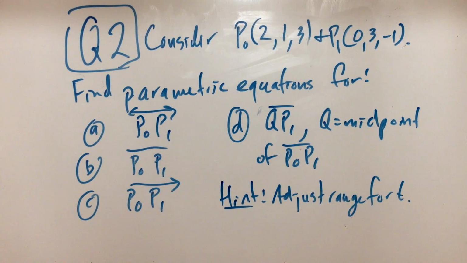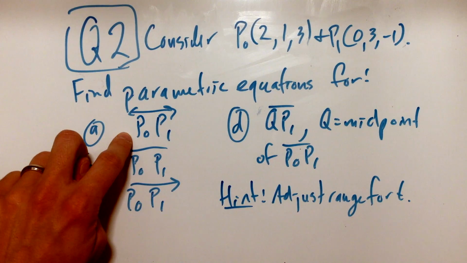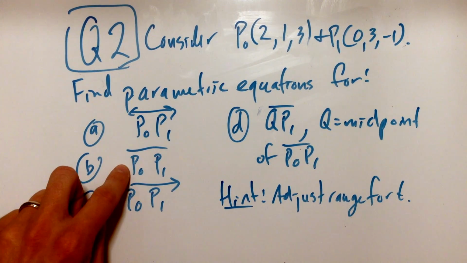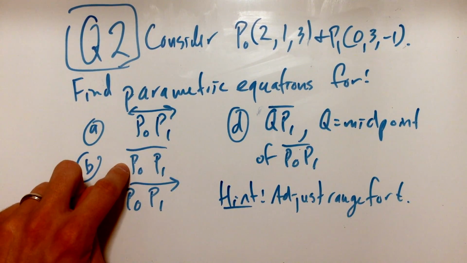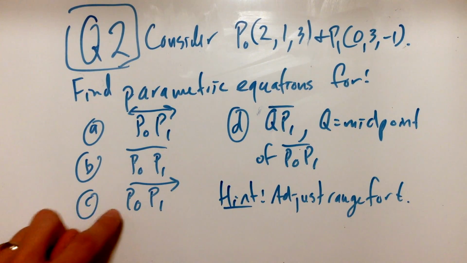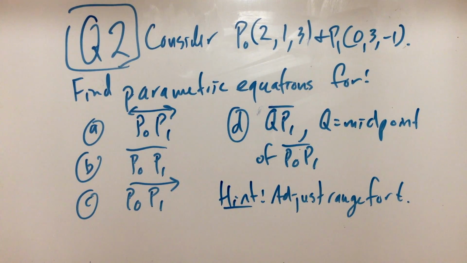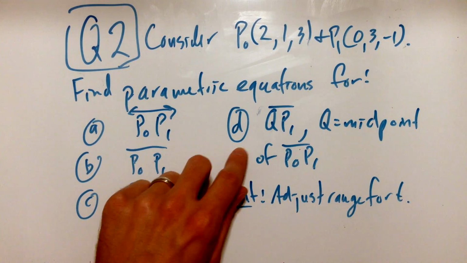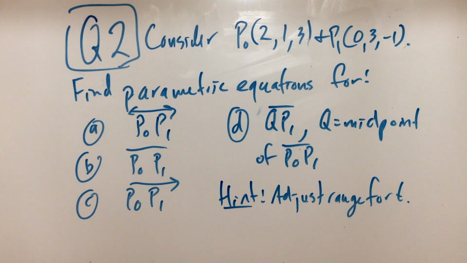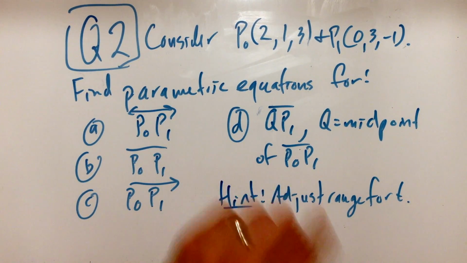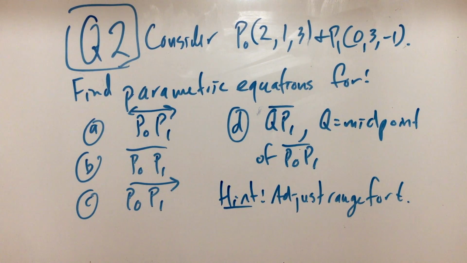All right, so here's question 2. Let p0 be the point (2, 1, 3) and p1 be the point (0, 3, -1). I'd like to find parametric equations for A, the line between p0 and p1, B, the line segment between p0 and p1, C, the ray starting at p0 and going through p1, and D, the line segment between q and p1, where q is the midpoint of the segment p0 p1.